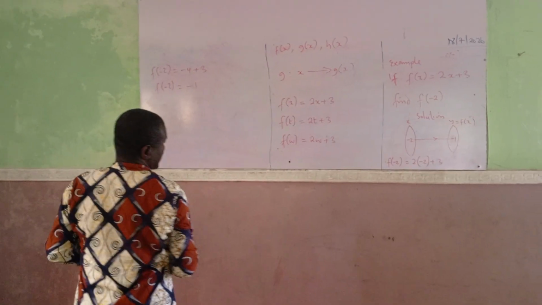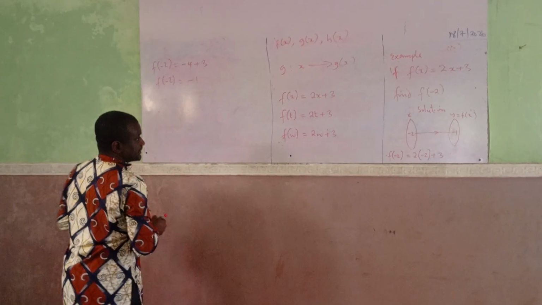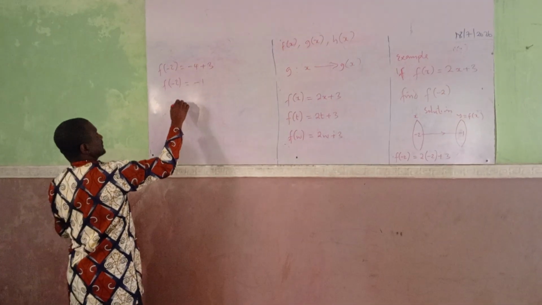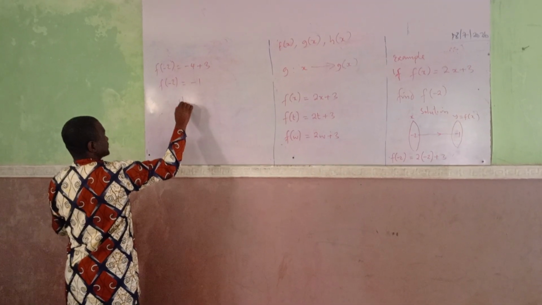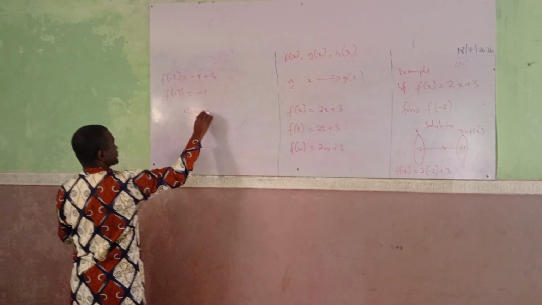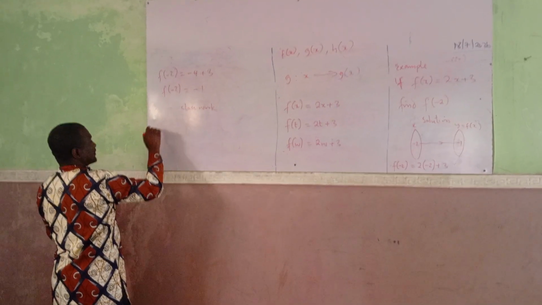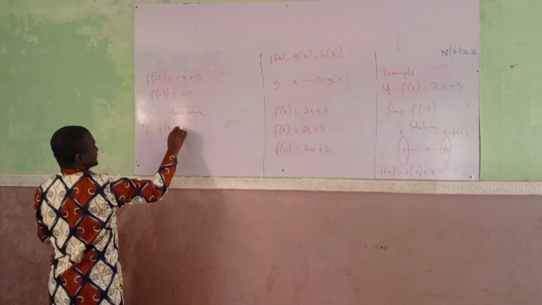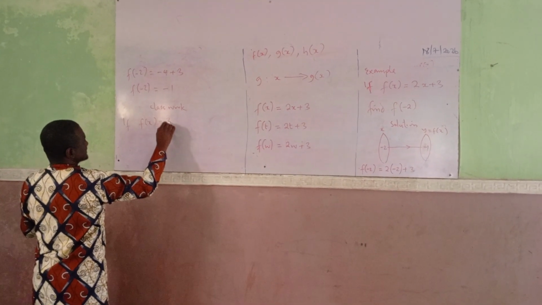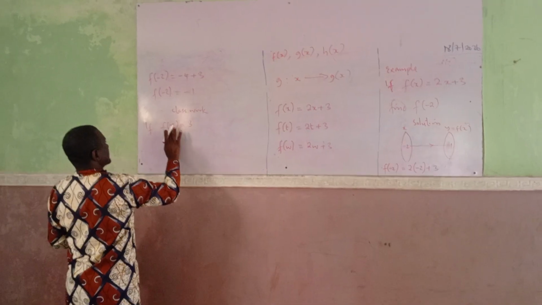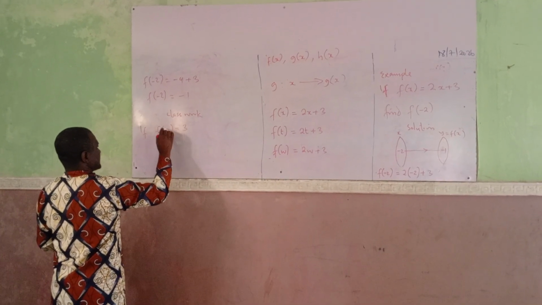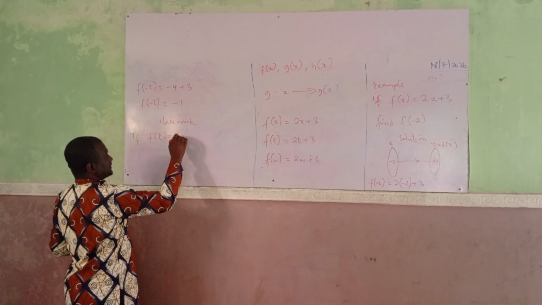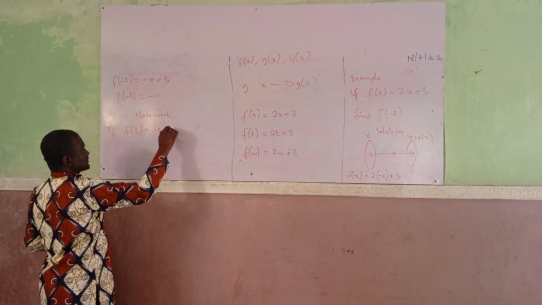Is that okay? Yes. So let me give another one, and let's look at who can come and solve this on the board. Let me assume that it's a classwork, but one should represent all of you. We have, if f of x is equal to, let me use t for instance, let's separate it, 3t minus 5.